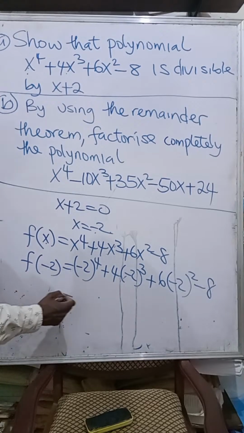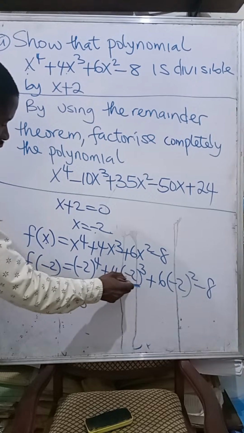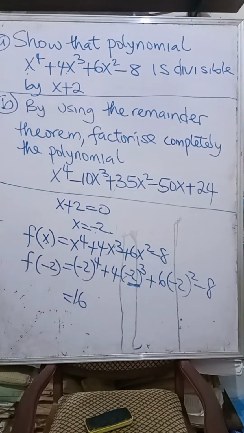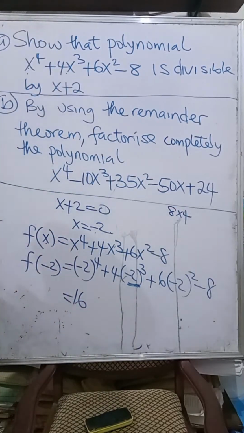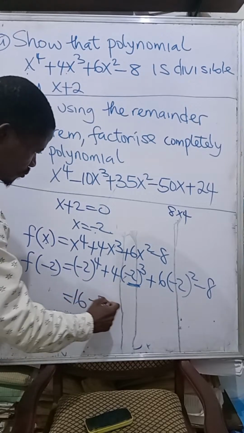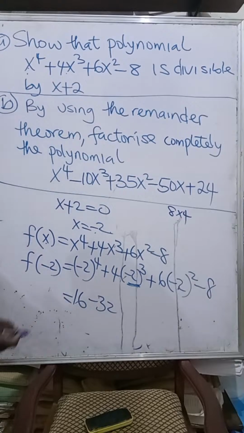So this will be equal to what? 16. This one will be minus 2 to the power 3. That's minus 8. Minus 8 times 4, that's minus 32. This one will be what? Minus 2 squared, that's 4.